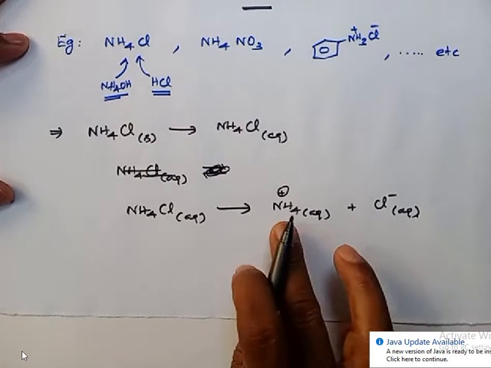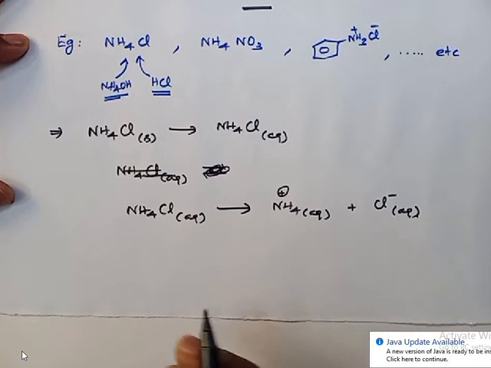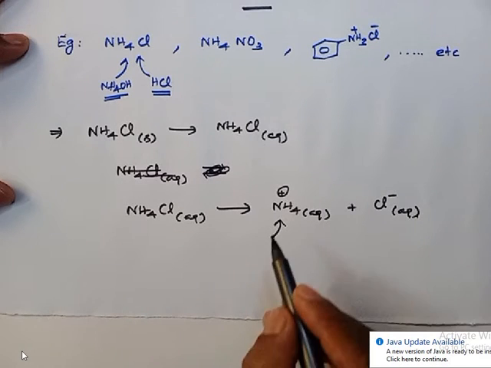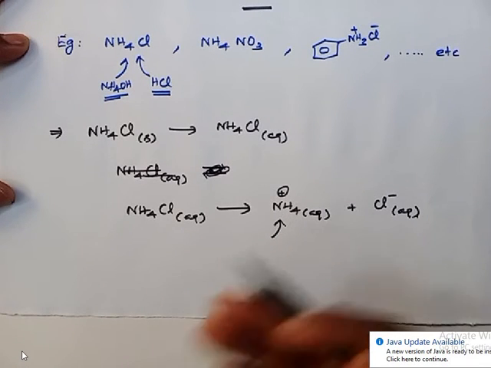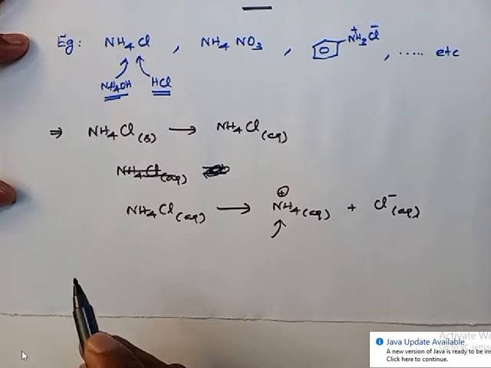So you get a cation and an anion from the salt, and you know very well the cation always comes from the base. Ammonium ion comes from ammonium hydroxide, which is a weak base.